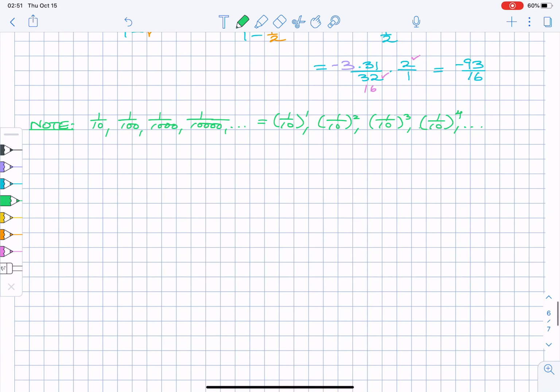So what's happening as my fraction is raised to a higher and higher power? As n approaches infinity, 1/10 to the n gets closer to 0, approaches 0.